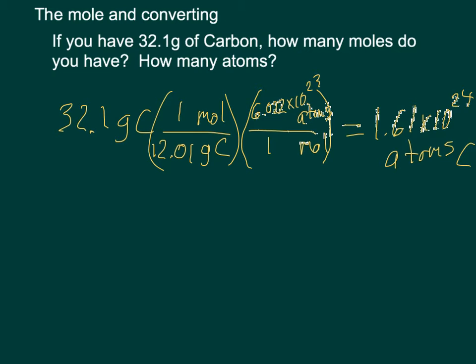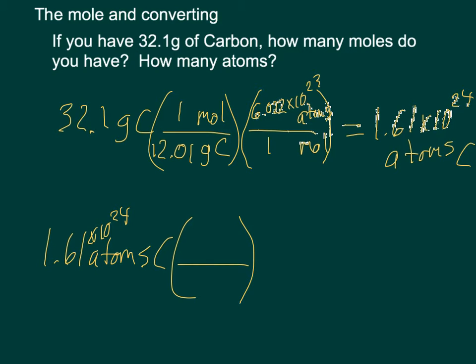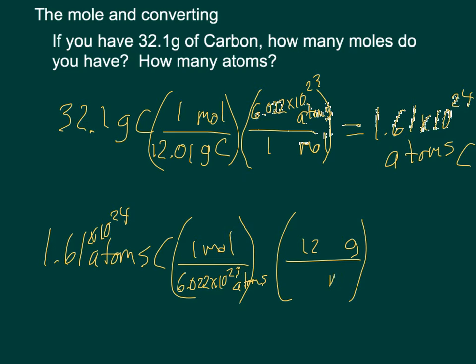of carbon. Had we been in the case of starting with the 1.61 times 10 to the 24th atoms of carbon, and we wanted to convert that to grams, how we would have set that up would be to go to moles, 1 mole over 6.022 times 10 to the 23rd atoms, and we would have multiplied that then by the 12 grams over moles to cancel, right?